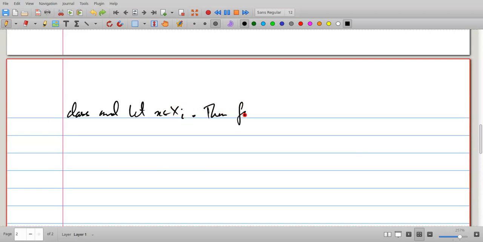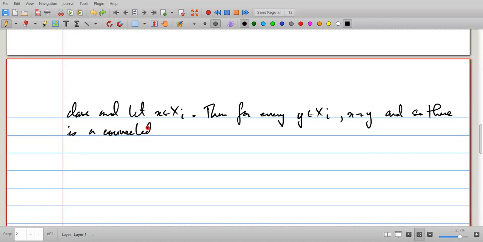Then for every y in Xi, by the definition of equivalence classes, y is equivalent to x, and so there is a connected subspace T_y of X such that x, y belong to T_y.